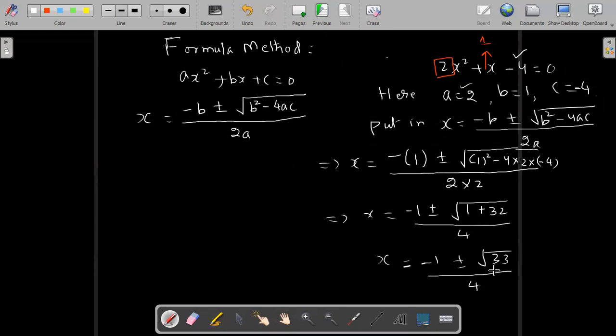Because under root 33 cannot be solved further, we will take the positive sign first. Taking positive sign, we get one value, because we need two roots of this equation.